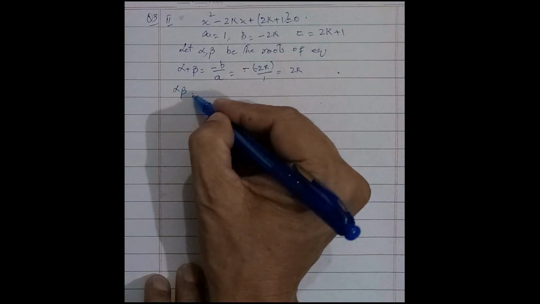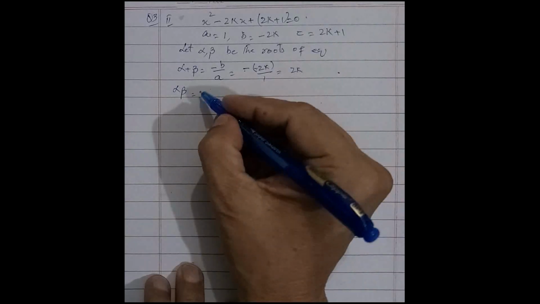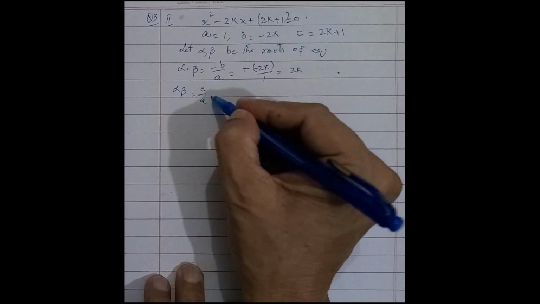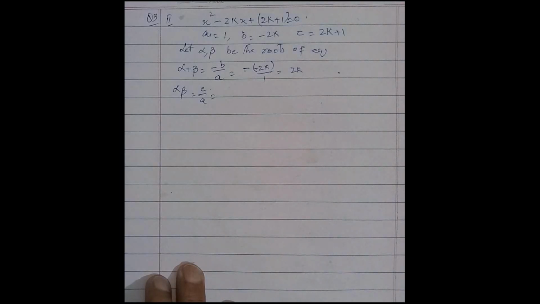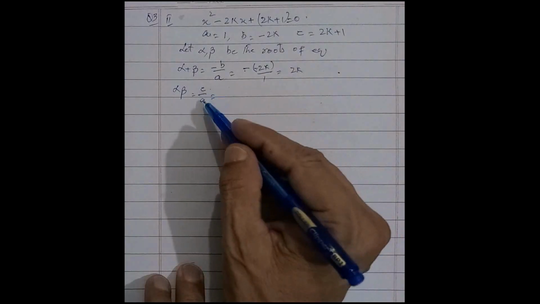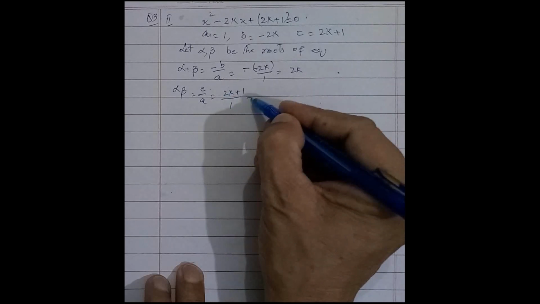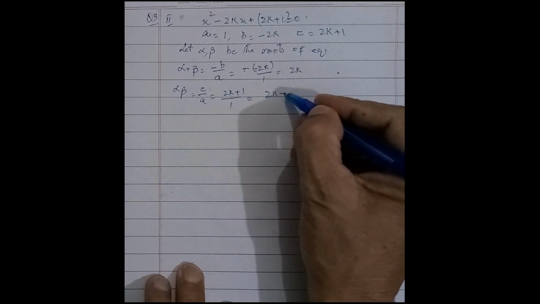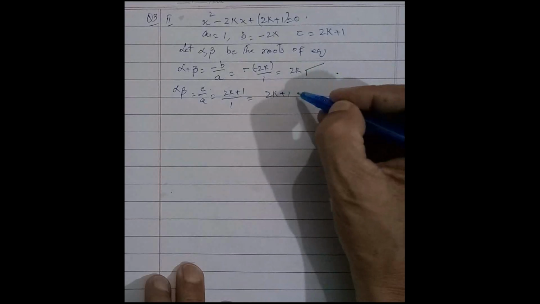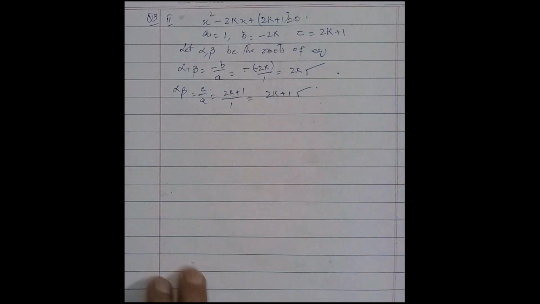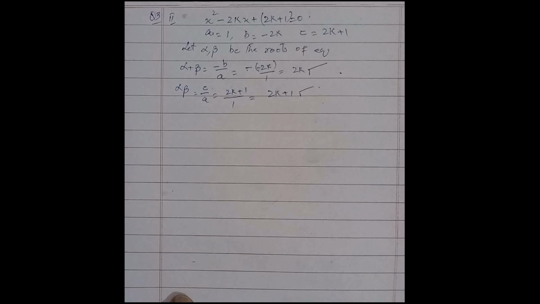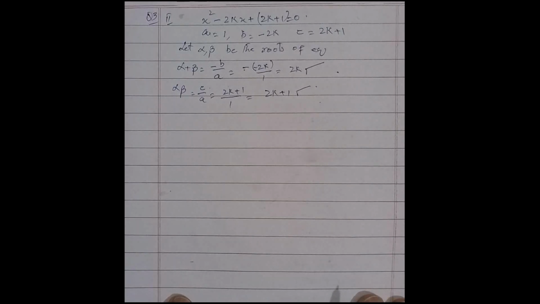The product alpha beta is c over a, which is 2k plus 1 over 1, equal to 2k + 1. These are the sum and product of the roots of the equation.